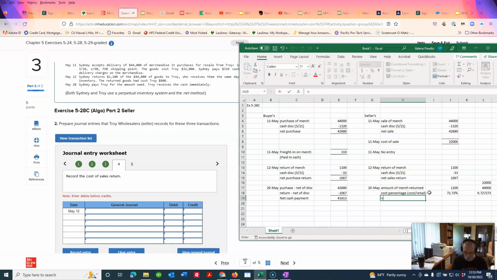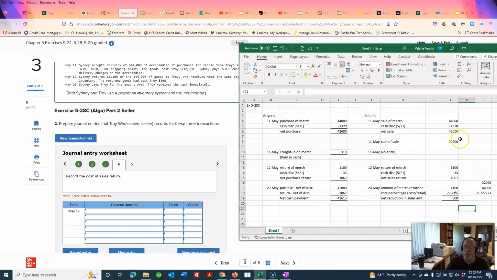And so our net credit, let's call it a reduction in sale amount, is going to be based on our cost percentage, and that amount comes to $800.